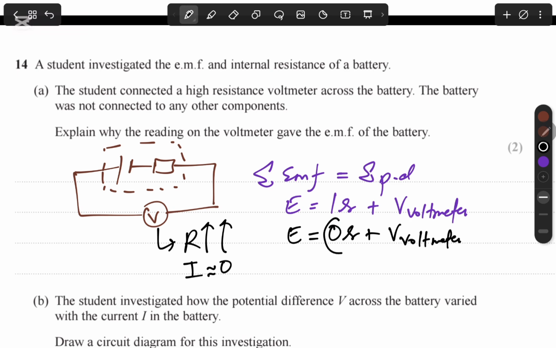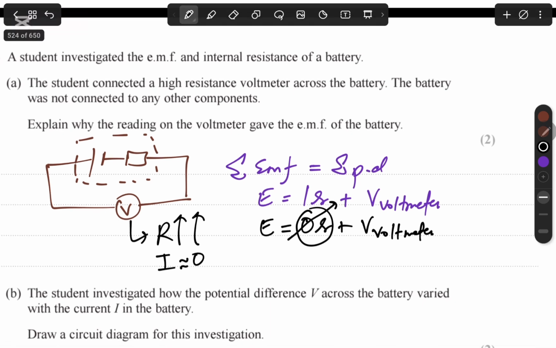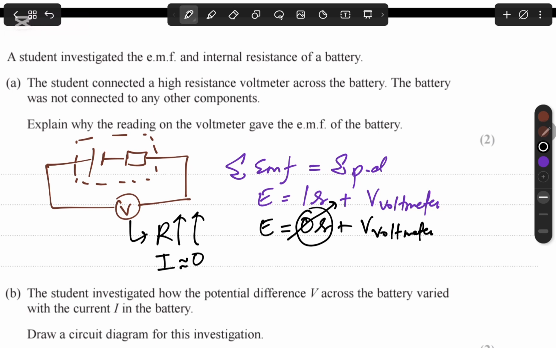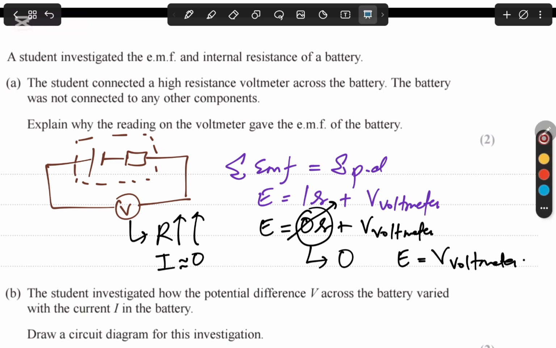Because of this, we can say this is negligible, so we can cancel it out. Because the current is approximately 0, the potential difference lost due to the internal resistance is also 0. So the EMF of the battery is just equal to the potential difference across the voltmeter. I hope that makes sense.